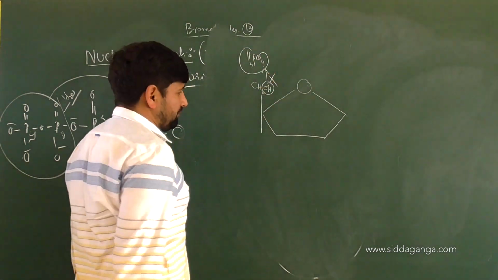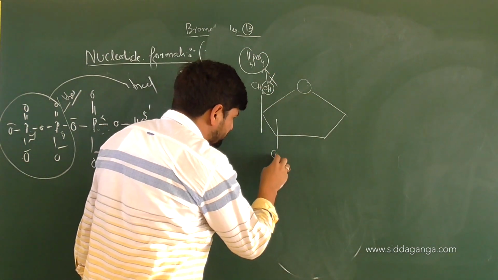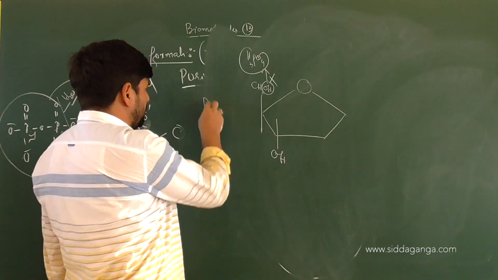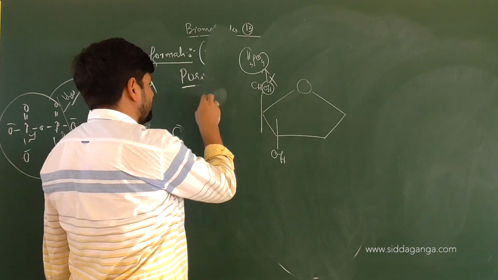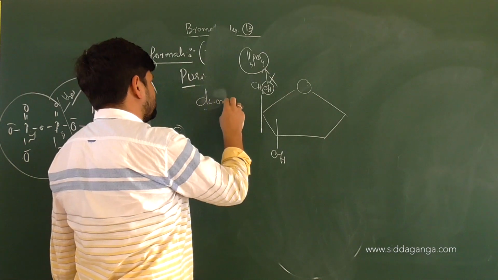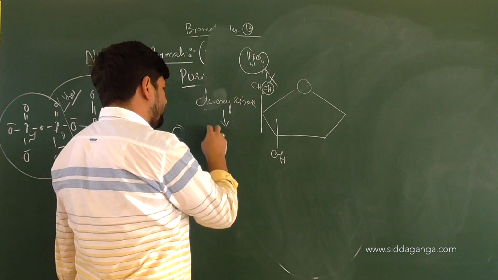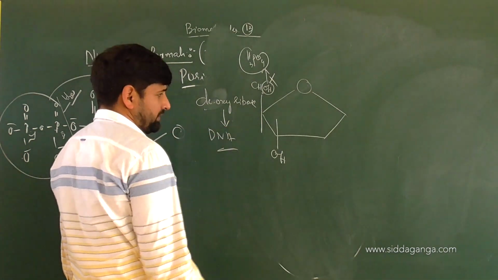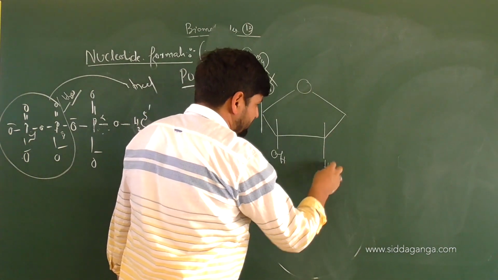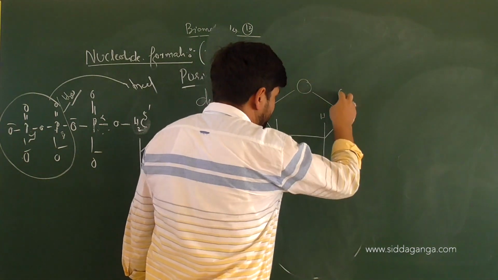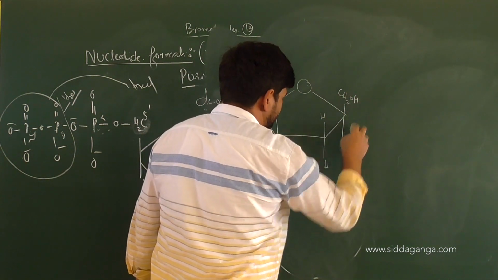So no OH group now. Now only one OH group is present. I am talking about in DNA now. Deoxyribose, which will be incorporated as a pentose sugar in DNA. Now this OH is already not there. There was this CH2OH group and there was an H group here.